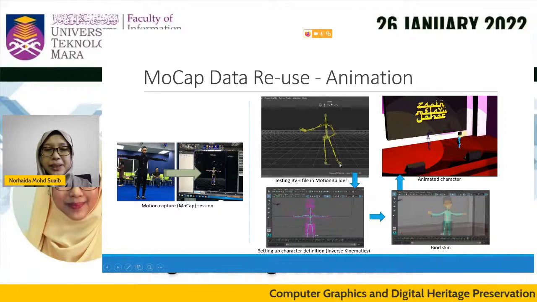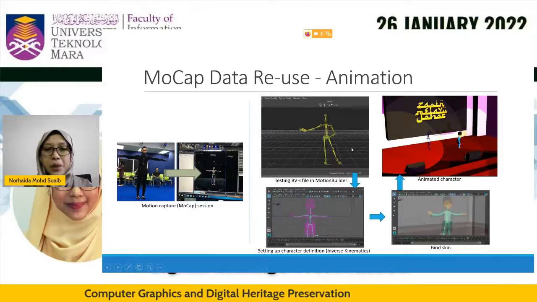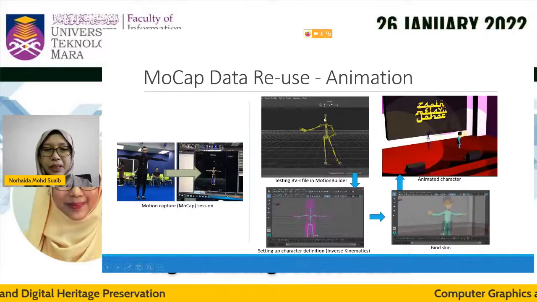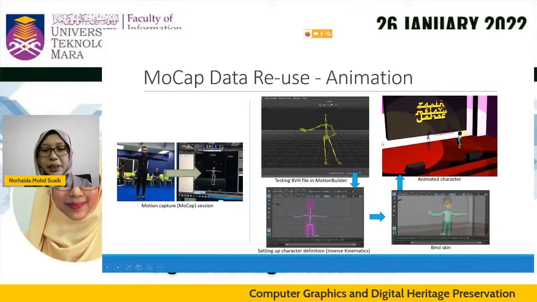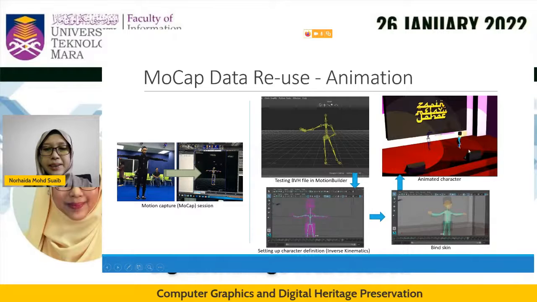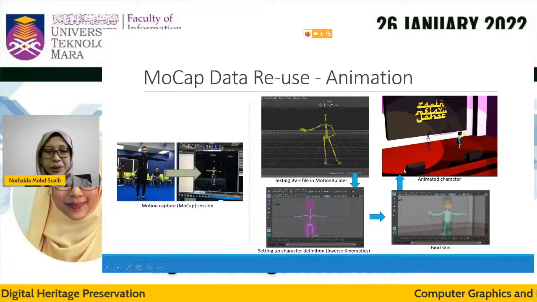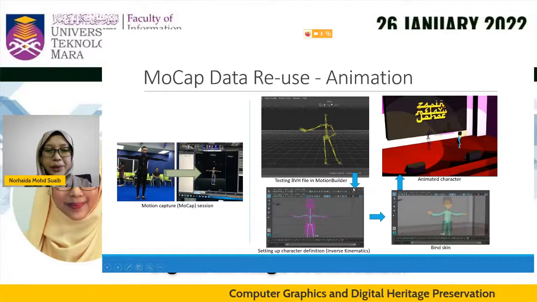he uses some algorithm to map so that the measurement of the adult dancer can be used to create this child dancer. Okay, so the process actually went through a few stages.